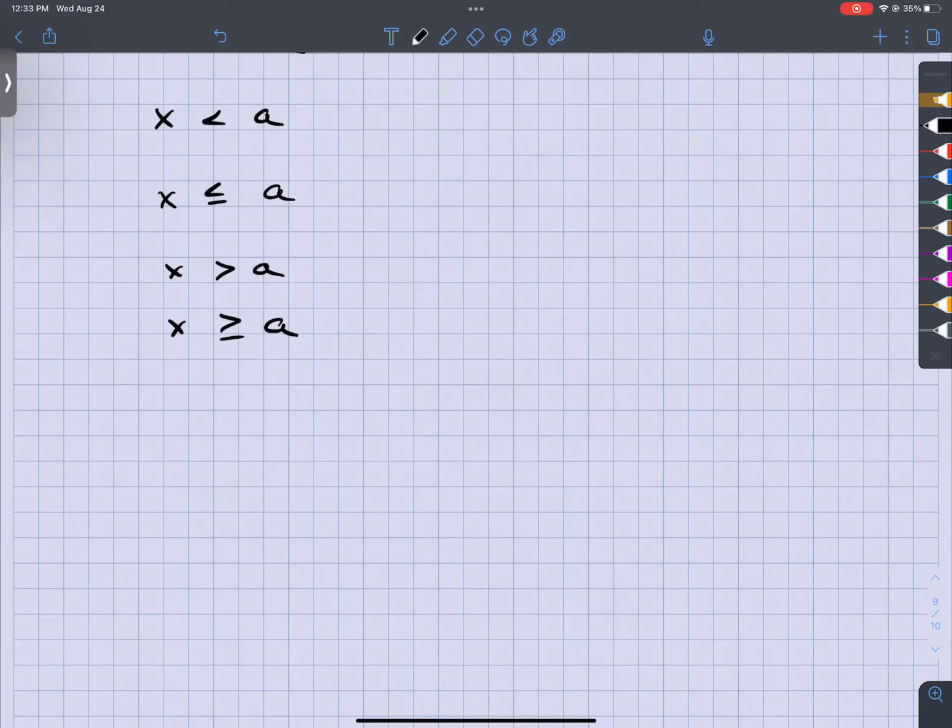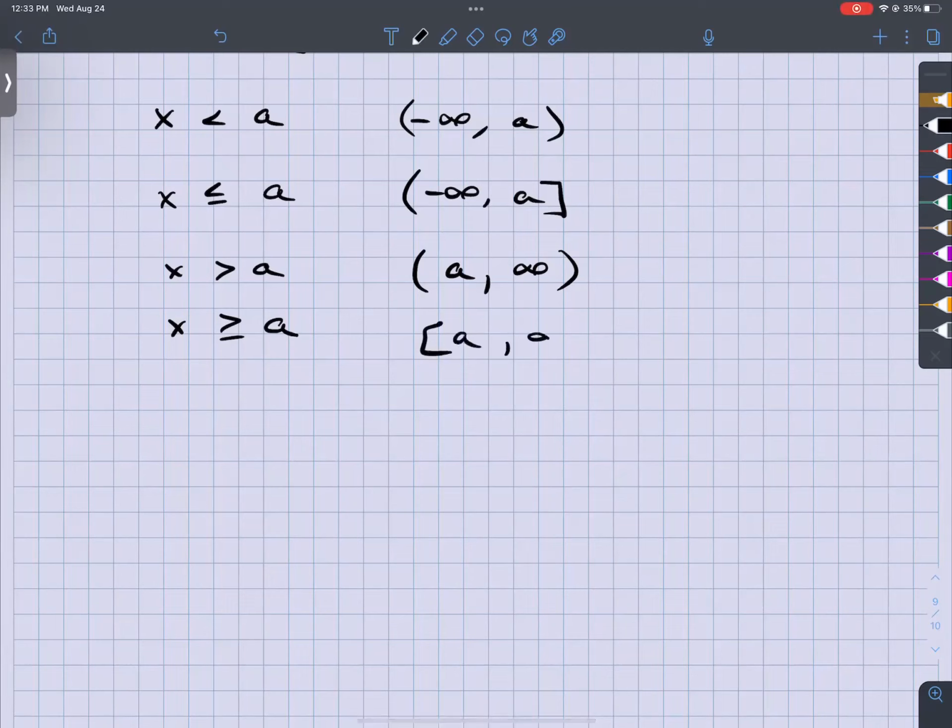So how would I write these in interval notation? This one will go from negative infinity to a, parentheses on both ends. This will have a square bracket on the a. And this will go to infinity, while this will have a square bracket on the a.